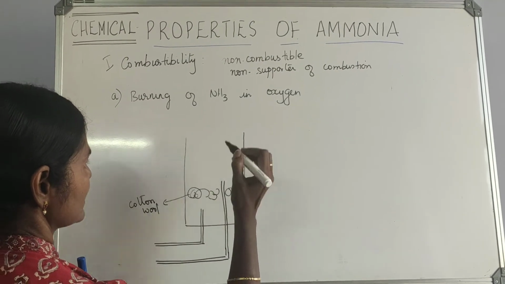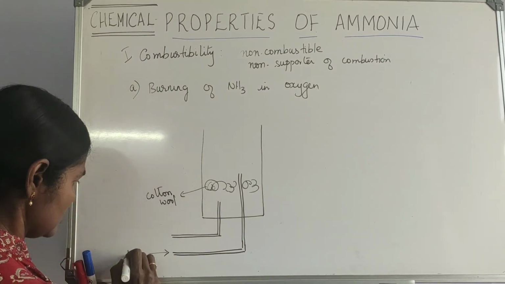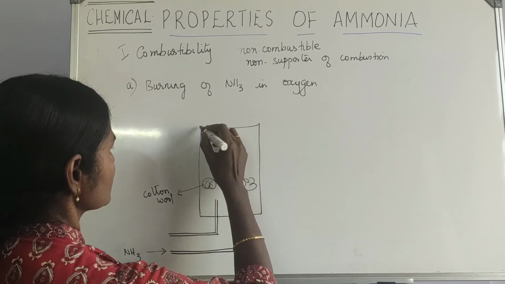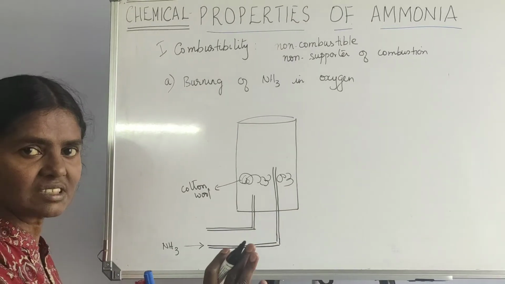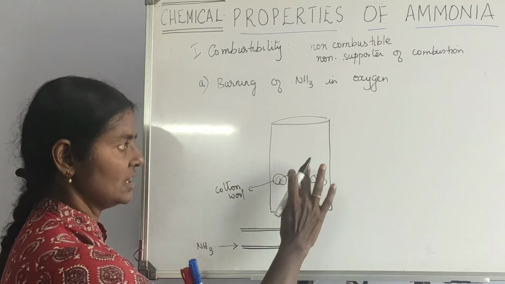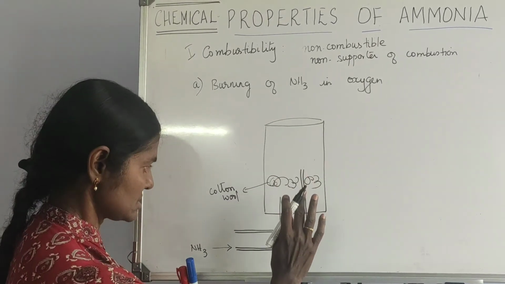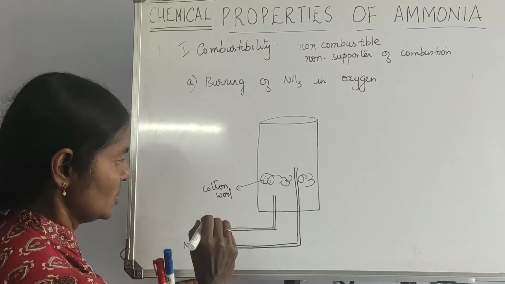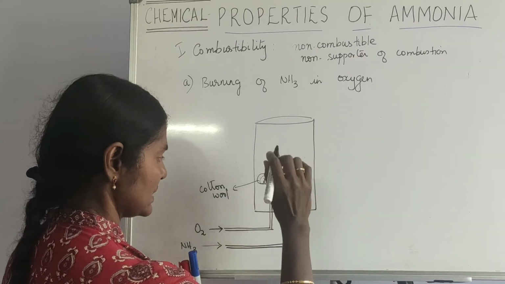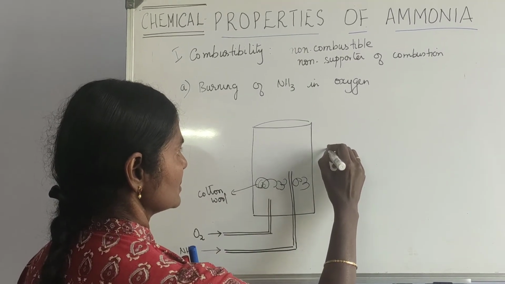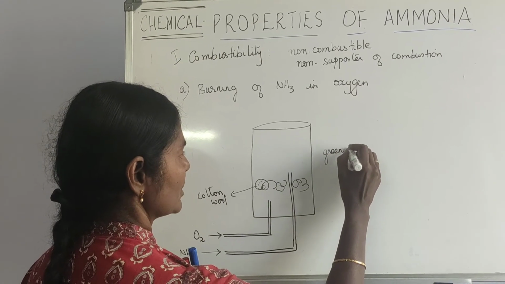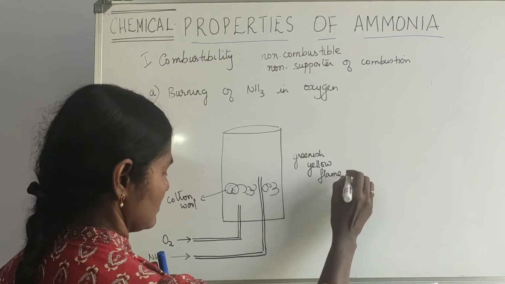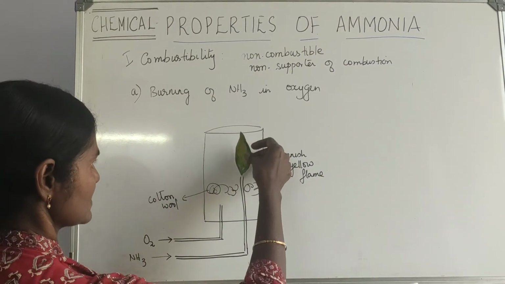Then we try to ignite this part, passing only ammonia gas into it, and it doesn't burn. Just like the lone person, it doesn't react. No reaction happens. But when oxygen is also passed and then it is ignited, it burns with a greenish yellow flame. It's something like this.